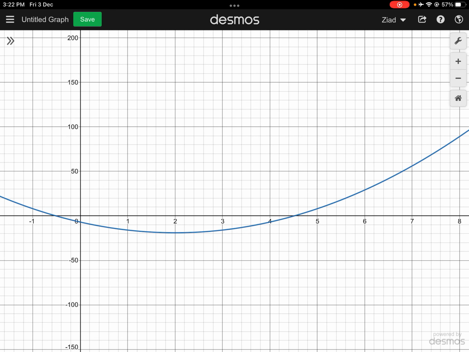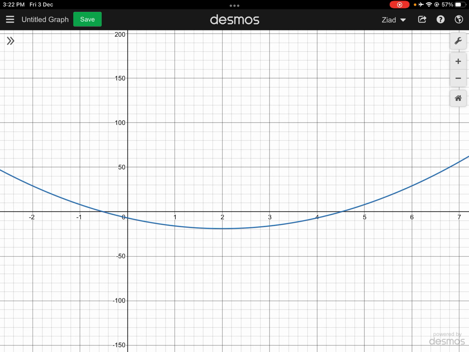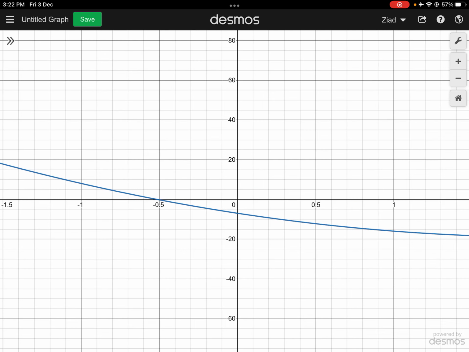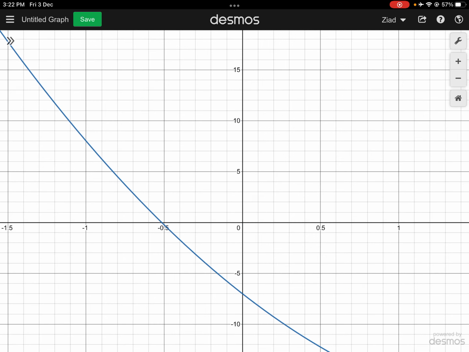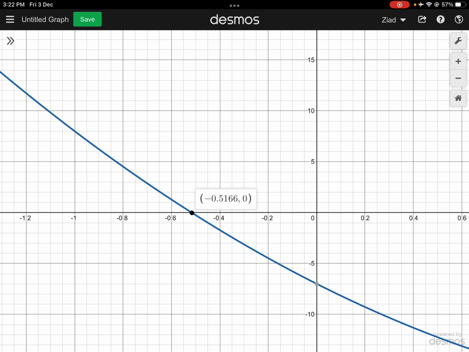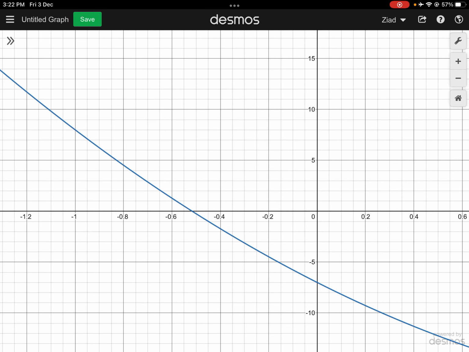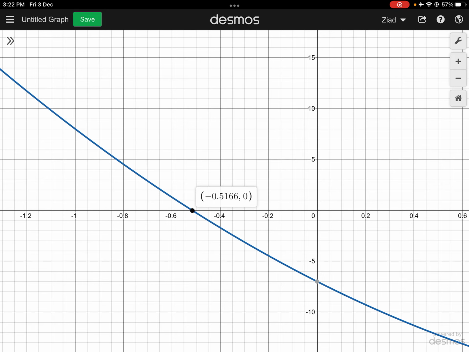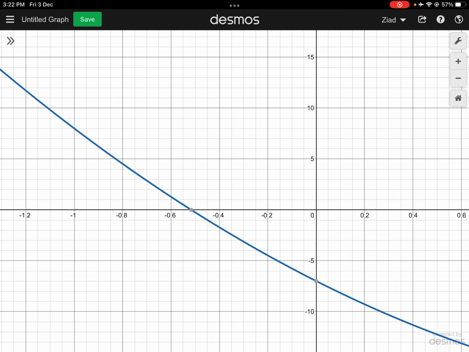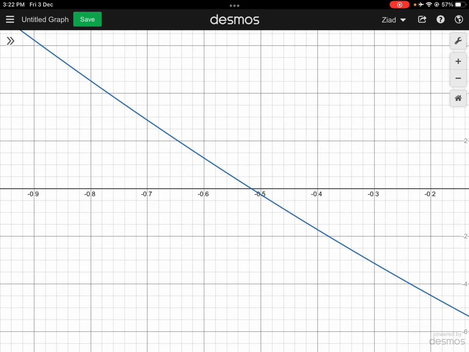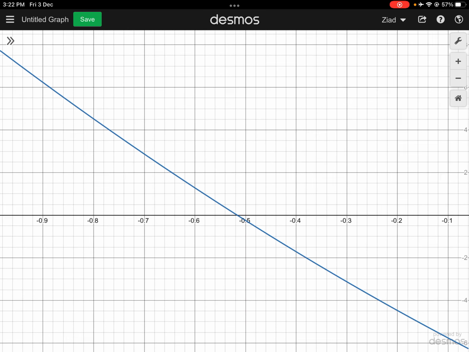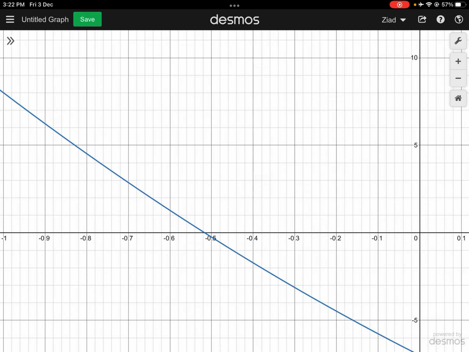So negative 1 to 7, it's telling you that if you go from negative 1 to 0 first, not to 7, sorry, negative 1 to 0, the area between -1 and this point is positive, and then from this point to 0 the area is negative, and it's telling you that the two areas are actually the exact same thing. So maybe I can put it like this.